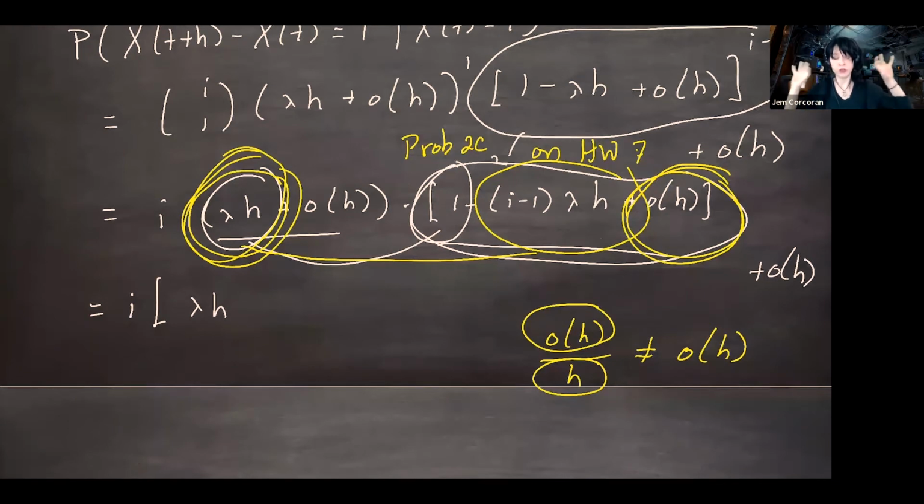So the two circles in yellow are little o of h. This is so messy. Little o of h times 1 is little o of h. Little o of h times a constant in front of an h is little o of h again. They're not always polynomials, but you'd be fine to think of these little o of h things as always polynomials with degree 2 or higher. And in fact, everything else here is little o of h.